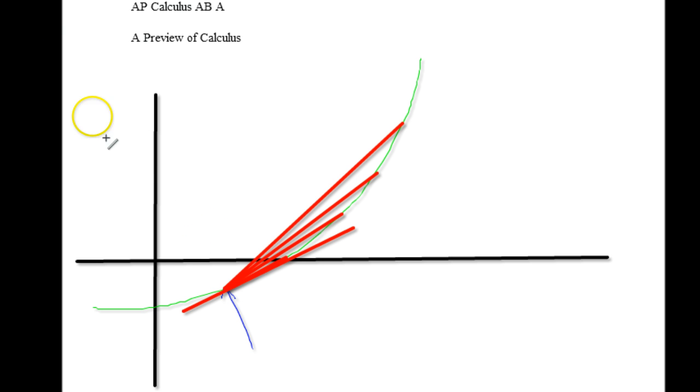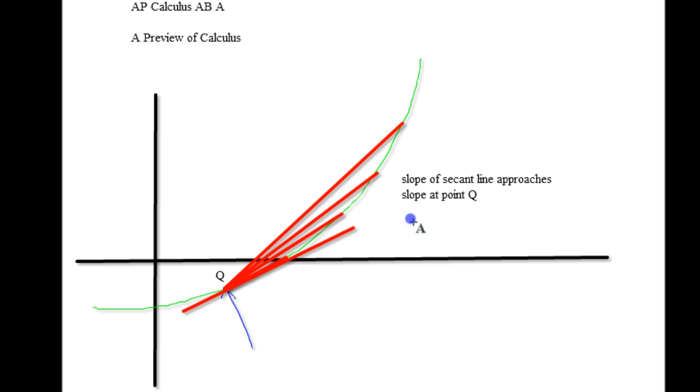But as you can see, the slope of the secant line approaches the slope at the point, let's call that Q. So the slope of the secant line actually approaches the slope at the point Q, and that's where the secant line becomes the tangent line problem and everything.